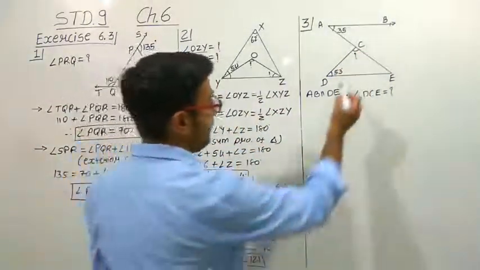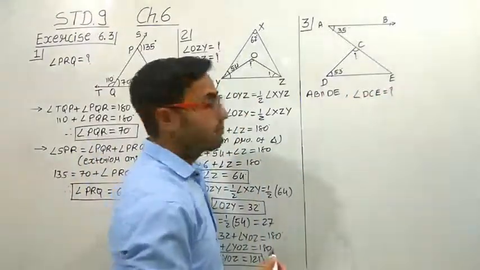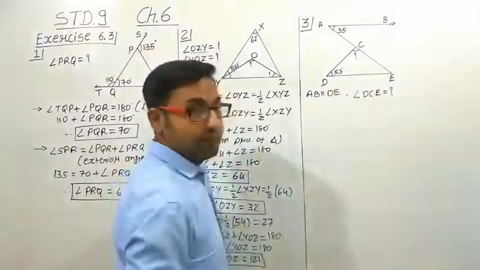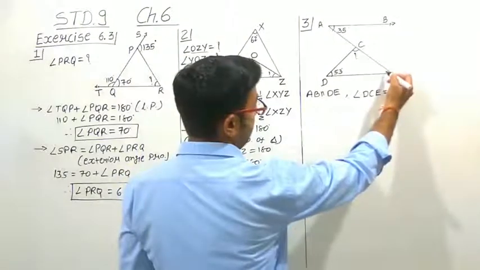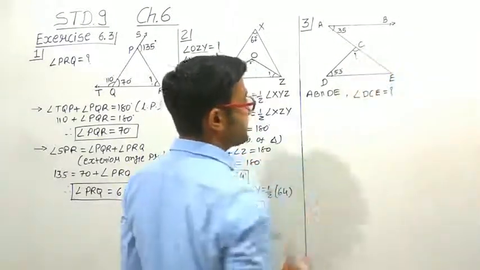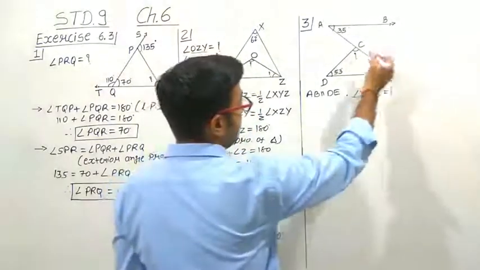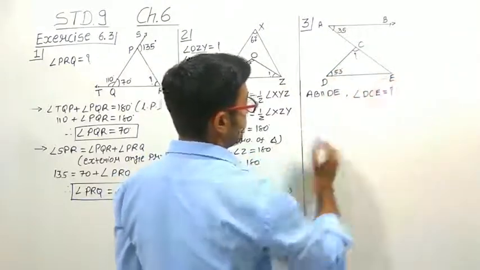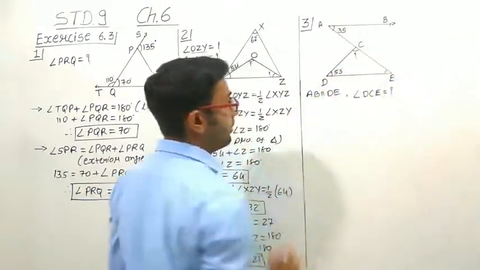Now see, here CDE is a triangle. One of the angles we have is 53. If we can find this angle, then by applying the angle sum property, we can find the angle DCE. So think about how we can find this angle.